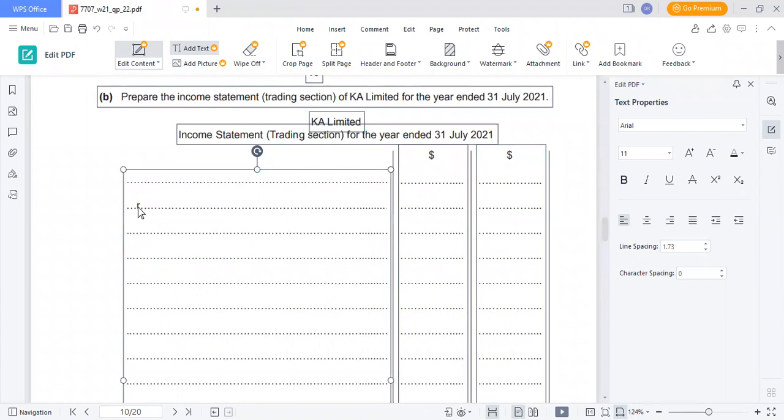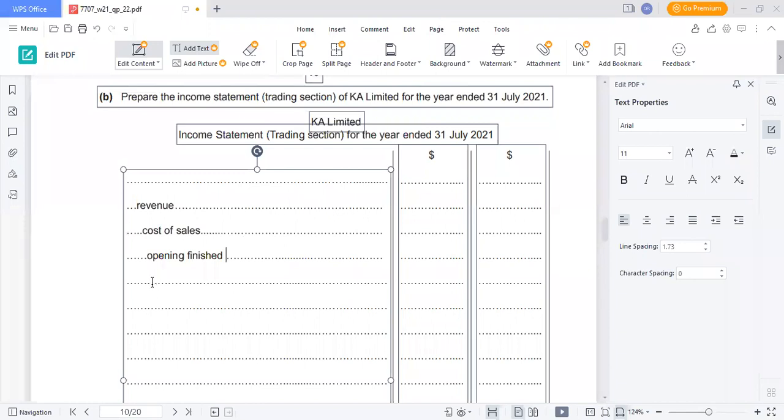So we'll be needing revenue and cost of sales, which will include opening finished goods, then purchases of finished goods, then cost of production, which will be calculated in part A, and closing finished goods. That will give us gross profit.